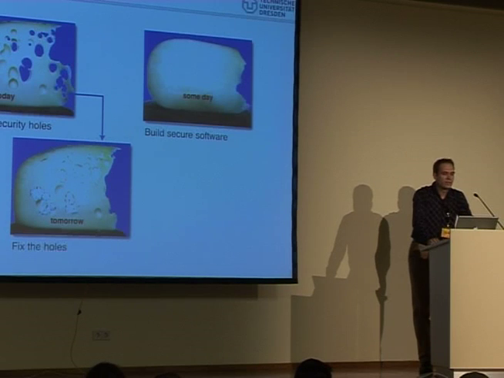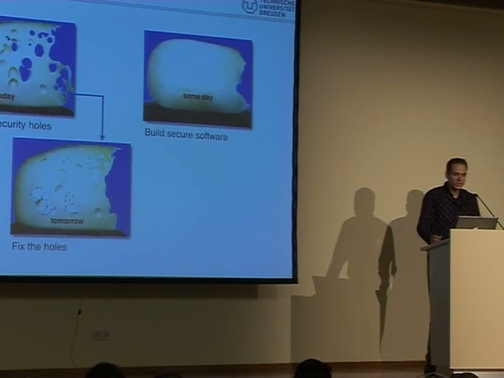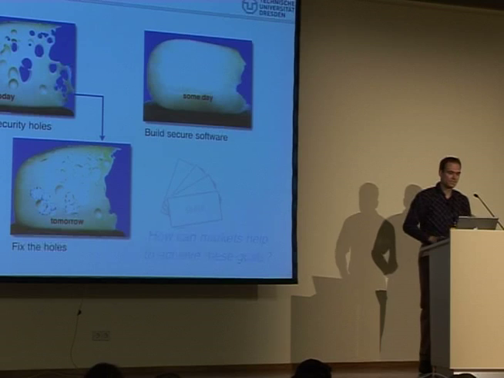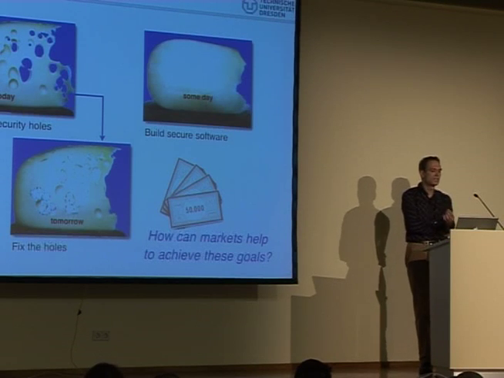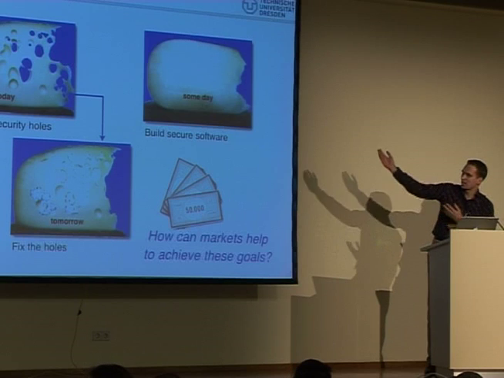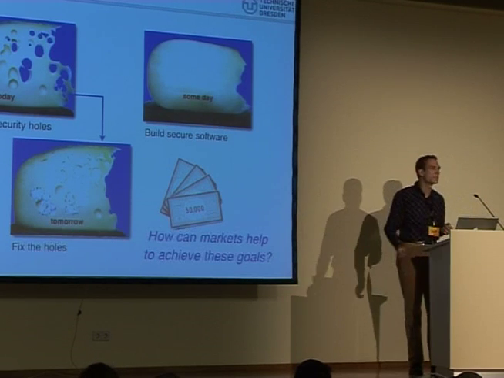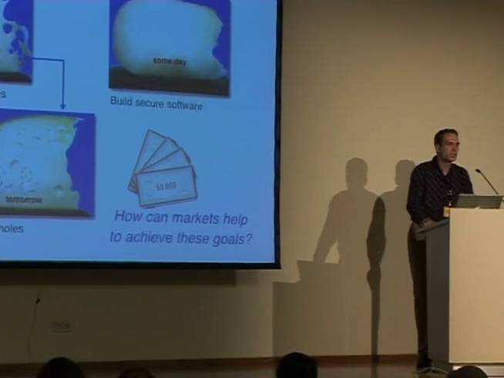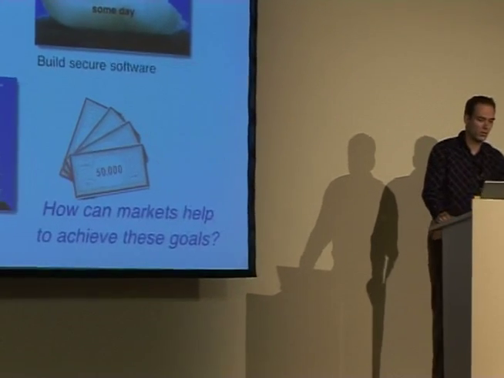But before we build more software from scratch, or before we see how we tackle the problem, we have to understand the source of the problem, or the origin. To answer the question of how markets can help to achieve the goals, to fix the holes or build secure software, we have to see how the market functions or doesn't function right now.